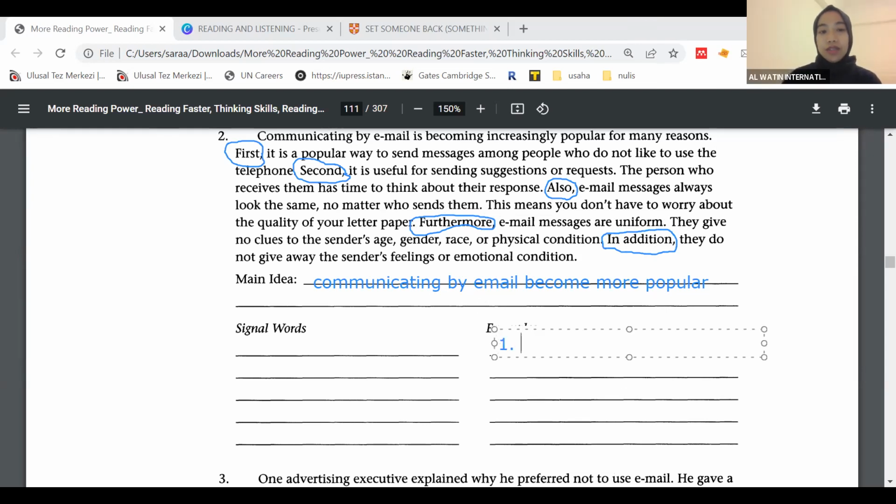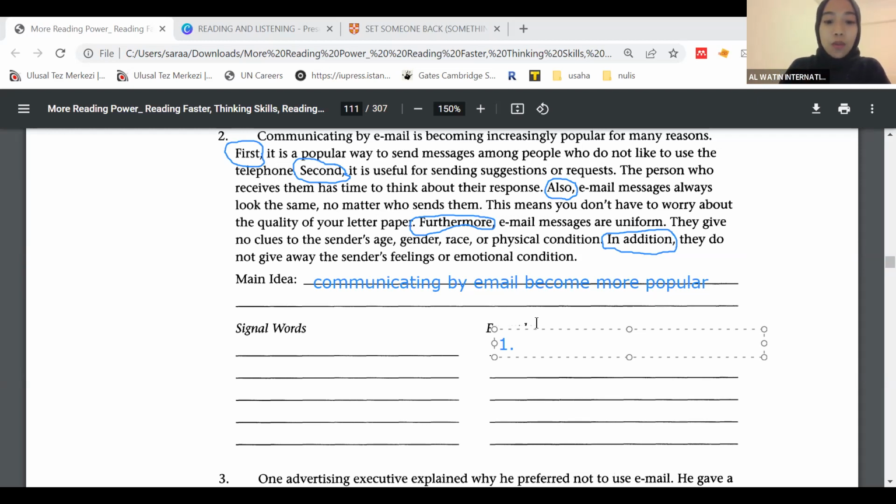Now, the points, let's list them. What is the first point of the first? Anyone want to try? After first, the first sentence actually. Okay, we can see here the first list. First, it is a popular way to send messages among people who do not like to use telephone.